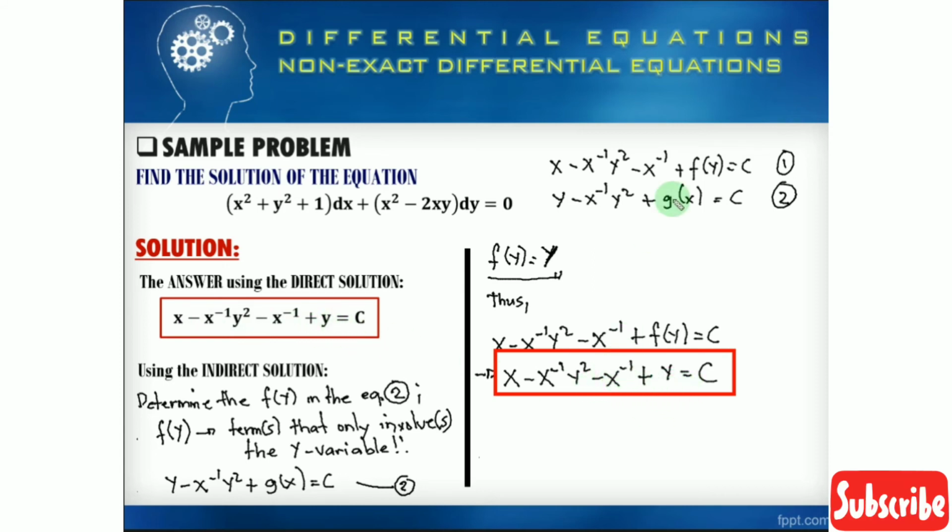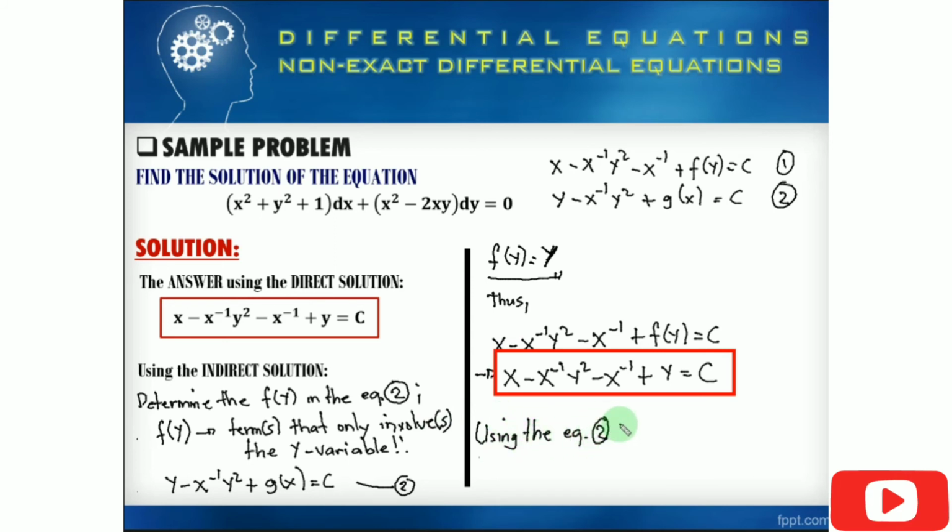And another one is if you are going to use first the second equation, using equation number 2.